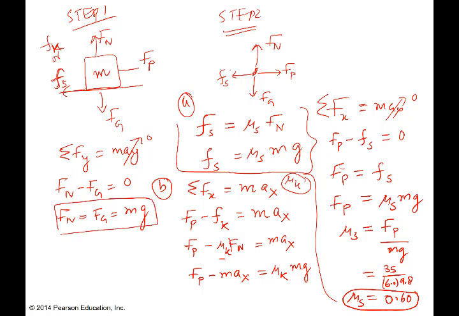Fn is still m into g. And then substitute the values. So we have 35 minus m, which is 6, multiplied by 0.60, whole divided by m, which is 6.